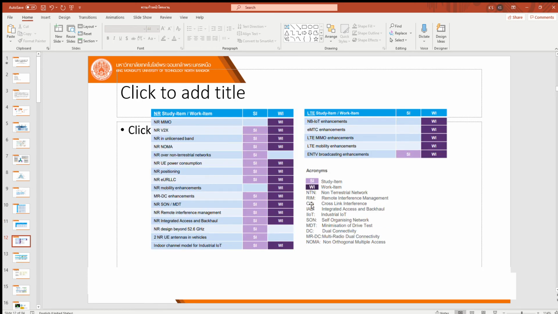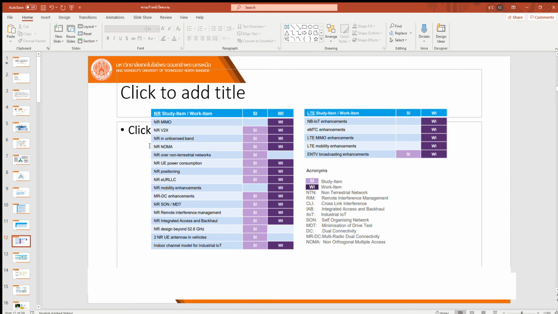In 5G, they have many kinds of new technologies. We call it NR. NR comes from New Radio. So if you see NR in front of everything, that means they're going to use a new radio for 5G. Such as you can use NR MIMO, NR V2X, NR in unlicensed band, NR NOMA.